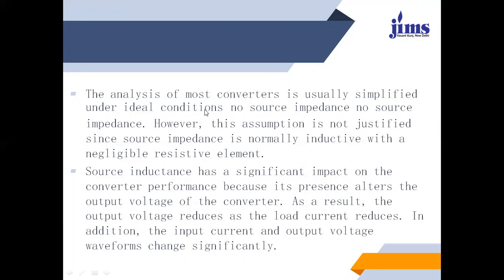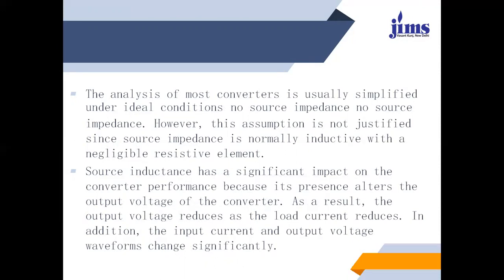The analysis of most converters is usually simplified under ideal conditions, with no source impedance taken into account. However, this assumption is not valid, since source impedance is normally inductive with a negligible resistive element.